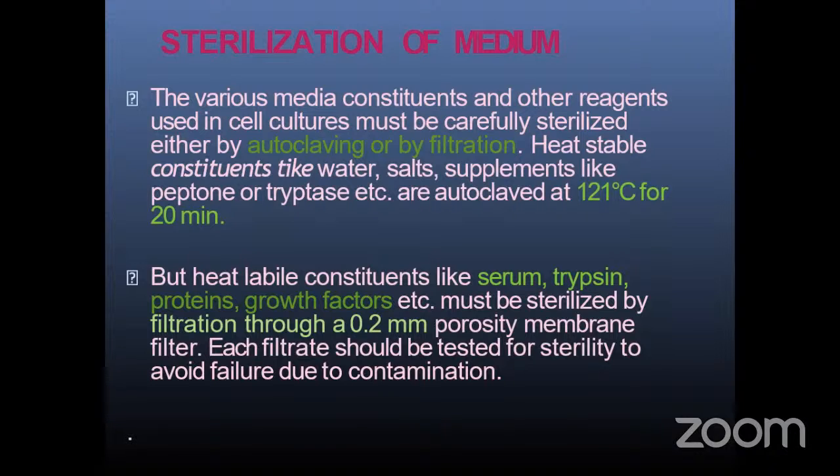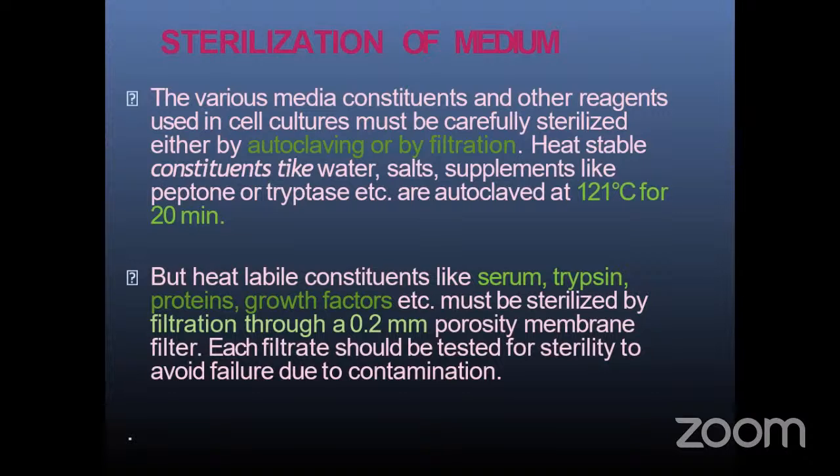Media or proteins, trypsin, some antibiotics, such things you can sterilize by filtration. Heat stable ones, like water, salts, and supplements like tryptose, peptone, can be autoclaved at 121 degrees centigrade for 20 minutes.